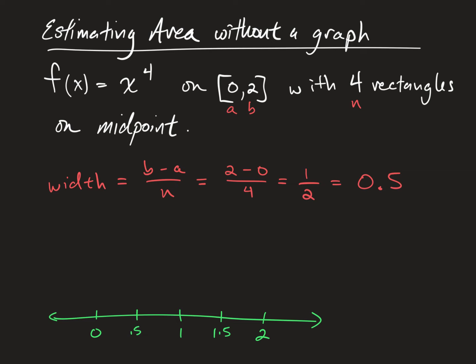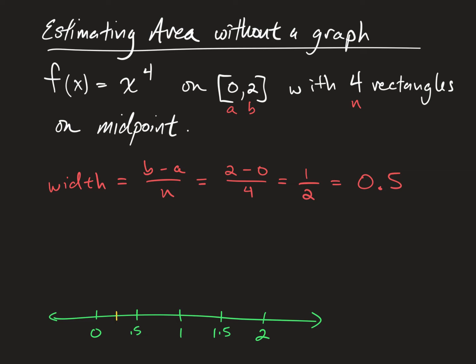Okay, so from there, you would either have to find whether or not you're using the left endpoint, the right endpoint, or the midpoint. And since we're using the midpoint here, that means we're going to have to find the midpoint of each of these 4 different intervals: between 0 and 0.5, 0.5 and 1, 1 and 1.5, and 1.5 to 2.